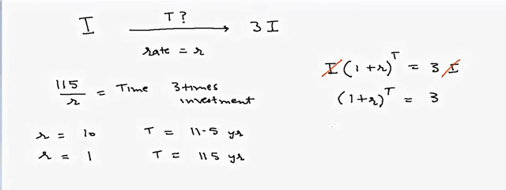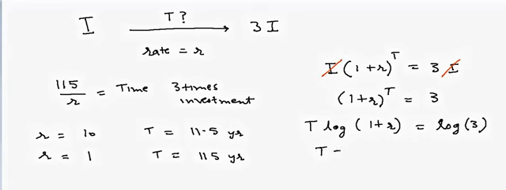If we solve this equation, we can take log on both sides. So t times log of 1 plus R is equal to log of 3. So t is equal to log of 3 divided by log of 1 plus R.